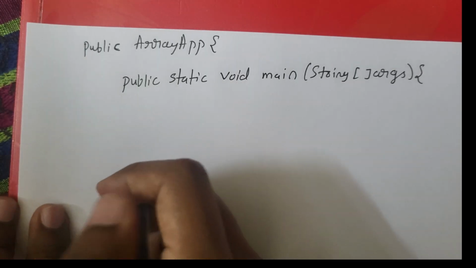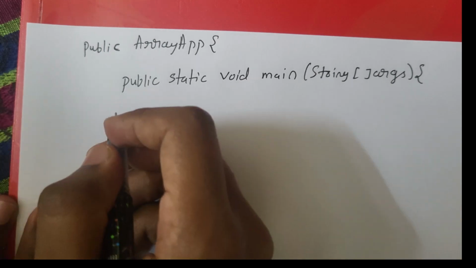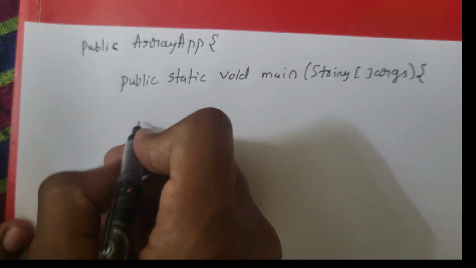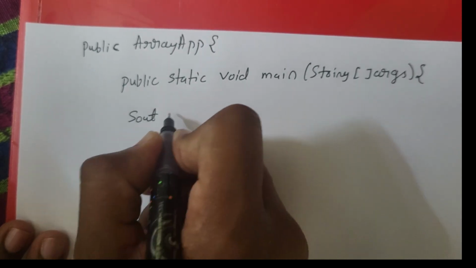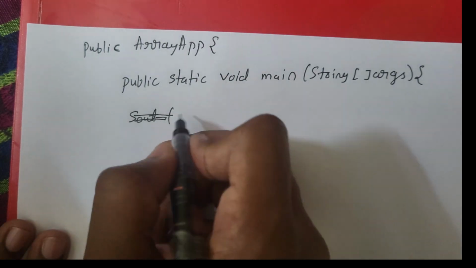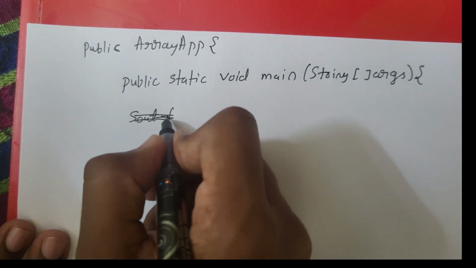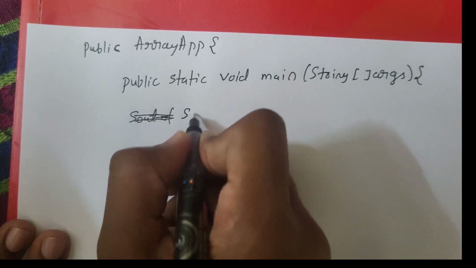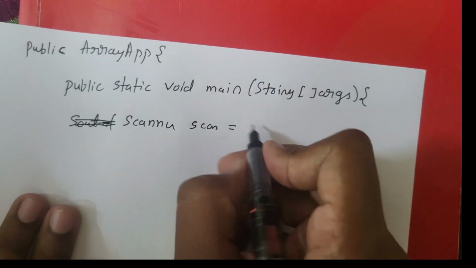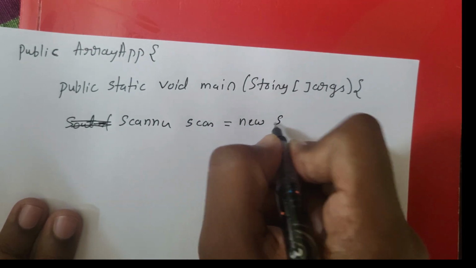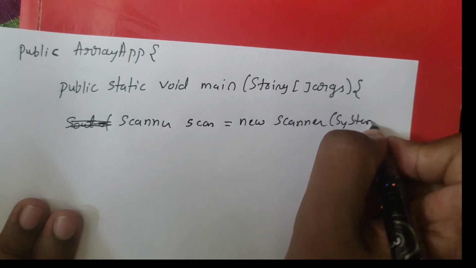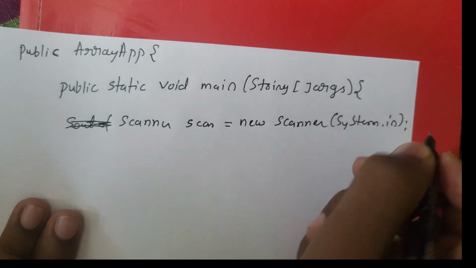First we will ask the user to enter the size of the array, which size of the array you want to create, right? So first I would create one scanner object to take the input from the console, scan equal to new Scanner(System.in), right?